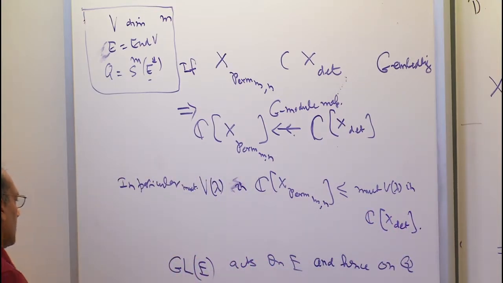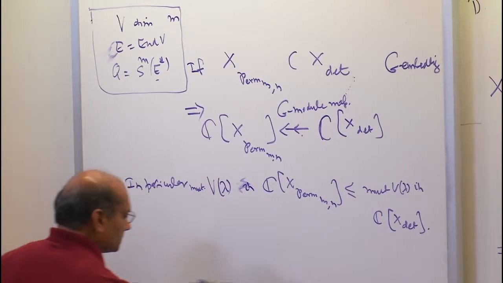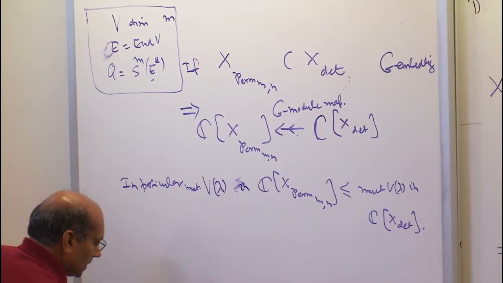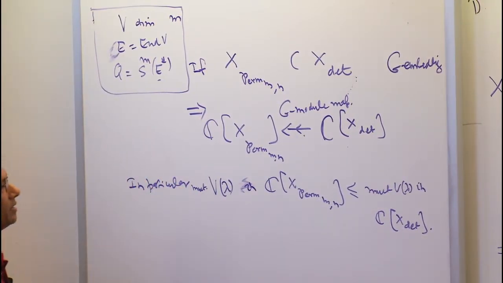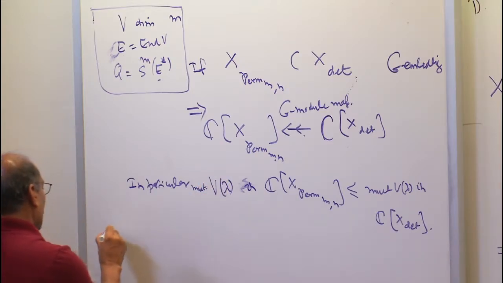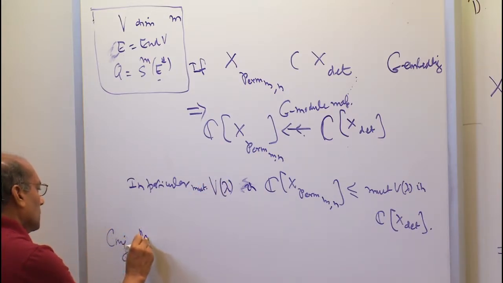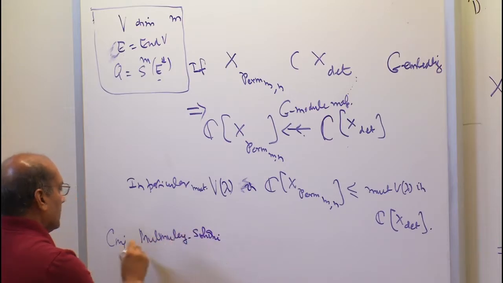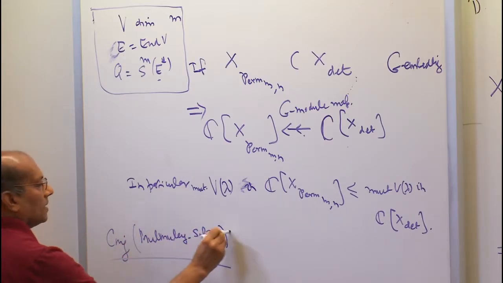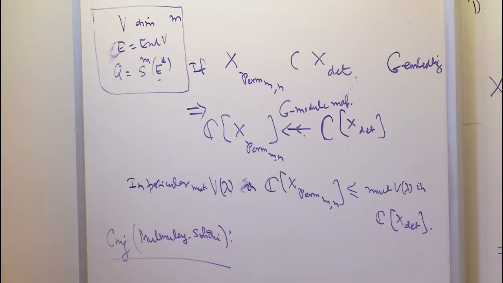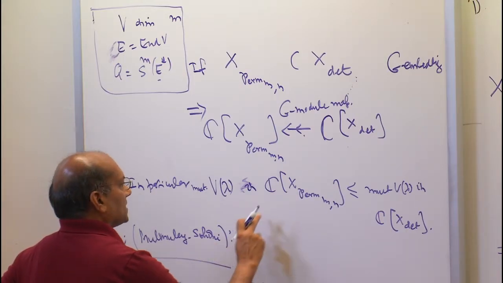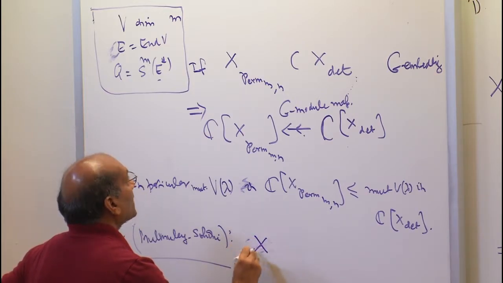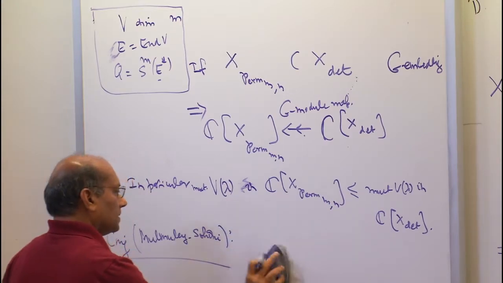So in fact, Mulmuley and Sohoni not only conjectured that M bar n is not dominated by a polynomial, but they also made another conjecture. Let's write it precisely.